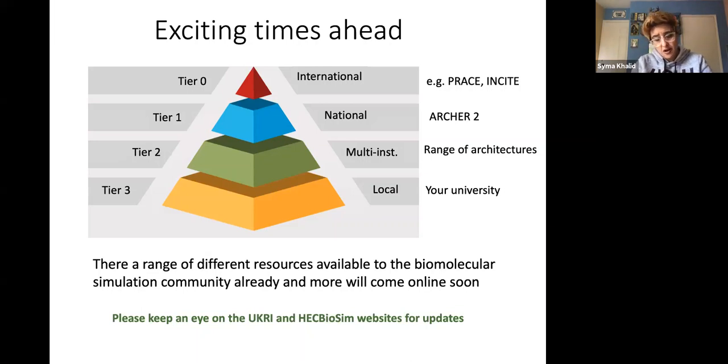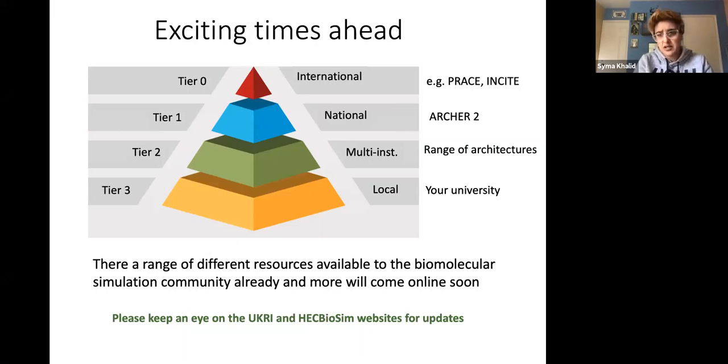And these are smaller machines, and there's a whole range of them around the UK. They're smaller than the national facility, but they will be larger than your local university machine. And the second round of these machines are now beginning to come online. There are a whole range of architectures.